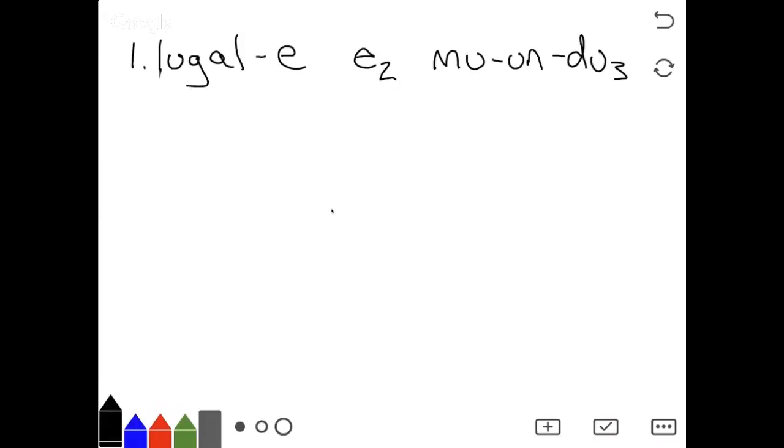If we think about the way this sentence is set up, we see an E here. And if you remember from one of the earlier lessons, an E on the end of a noun, which we have here, the word lugal, which means king, an E can mark the subject of a transitive verb, the subject of a verb that's getting ready to do something.